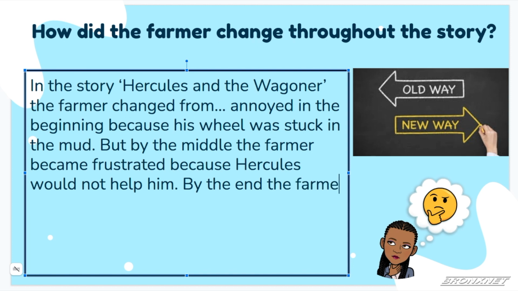the farmer, who's the protagonist, so the farmer, how did the farmer feel at the end? We said it before. I'll give you a few seconds to try to remember. That's right. By the end, the farmer was proud of himself.